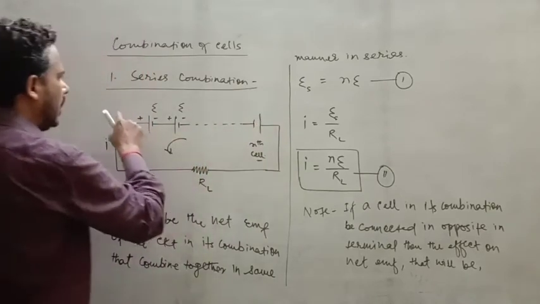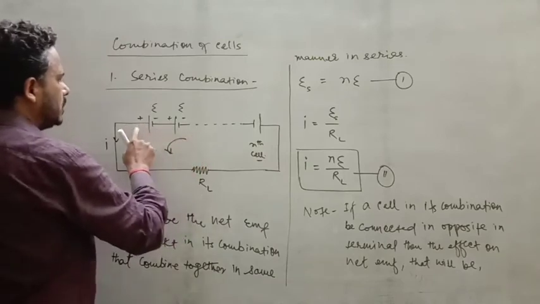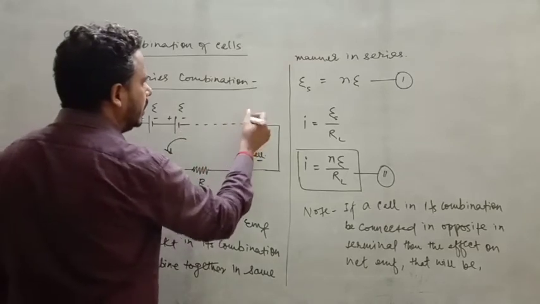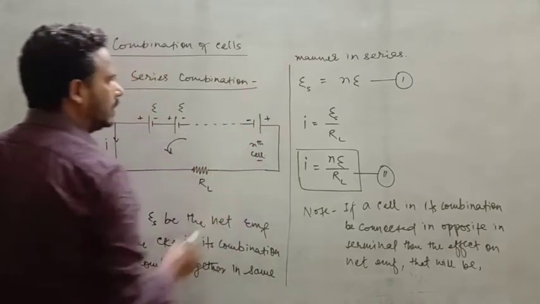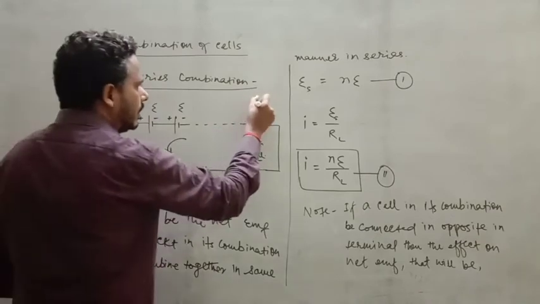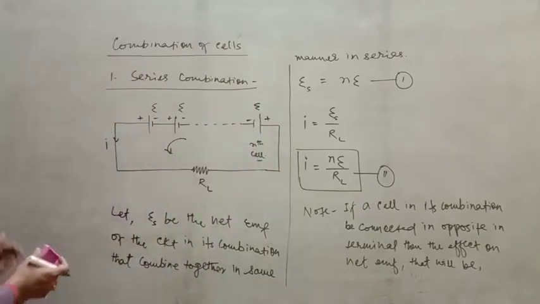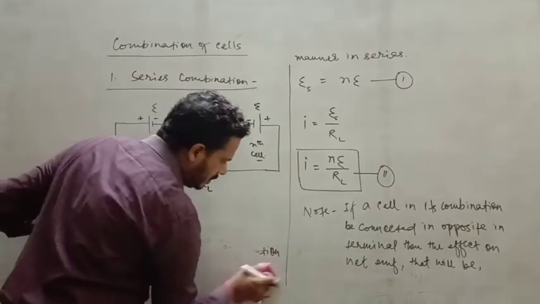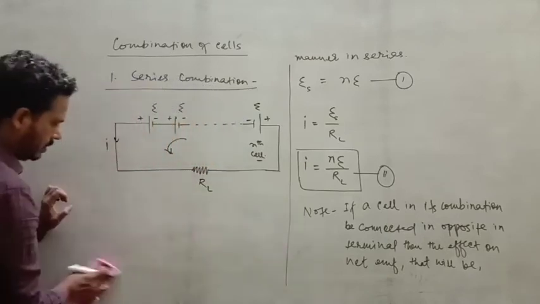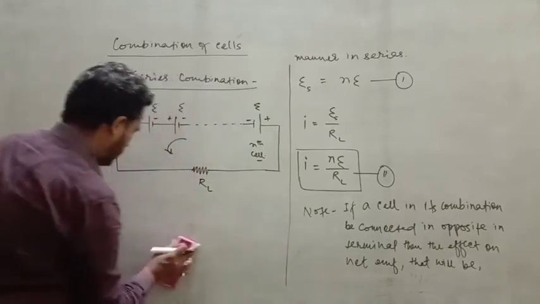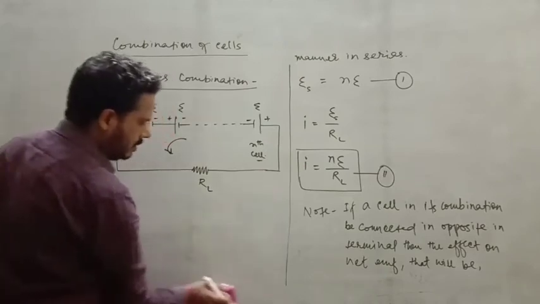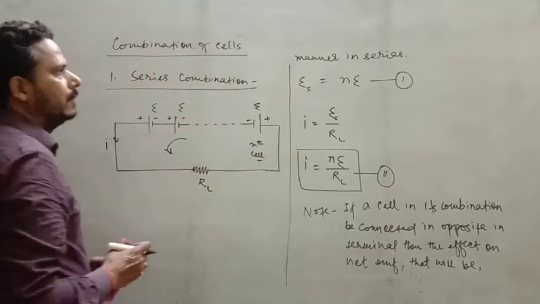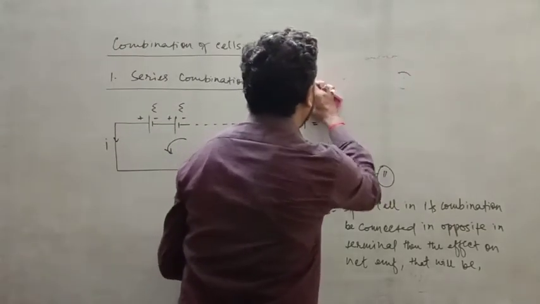That means everyone is connected positive to negative, negative to positive, then again negative to positive, but now here it is negative to negative, and only one cell is like that. Then what is the effect on net EMF?